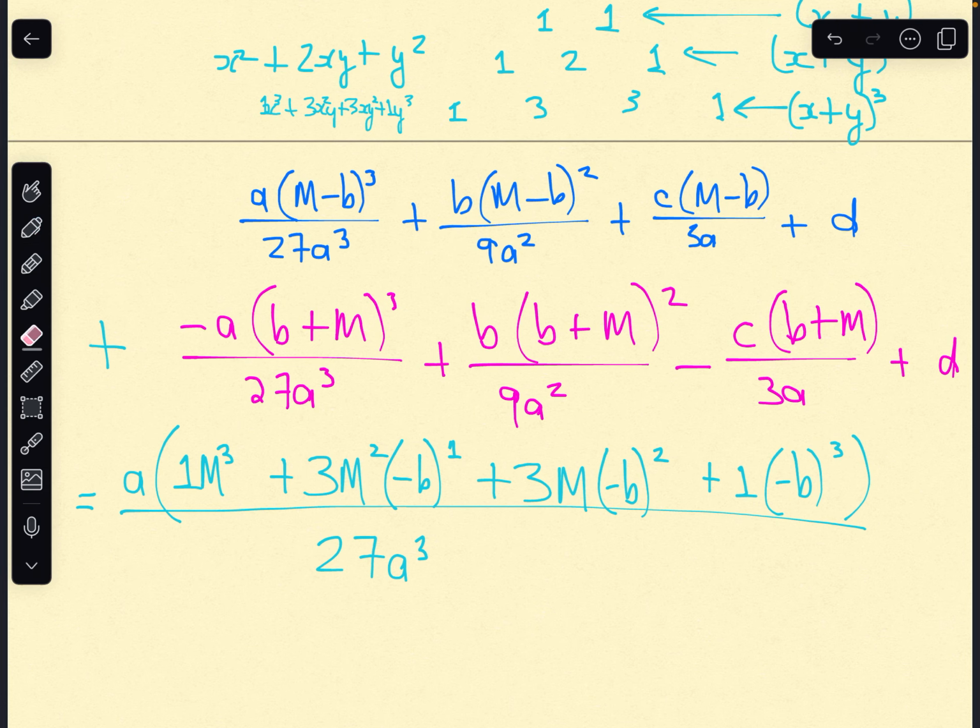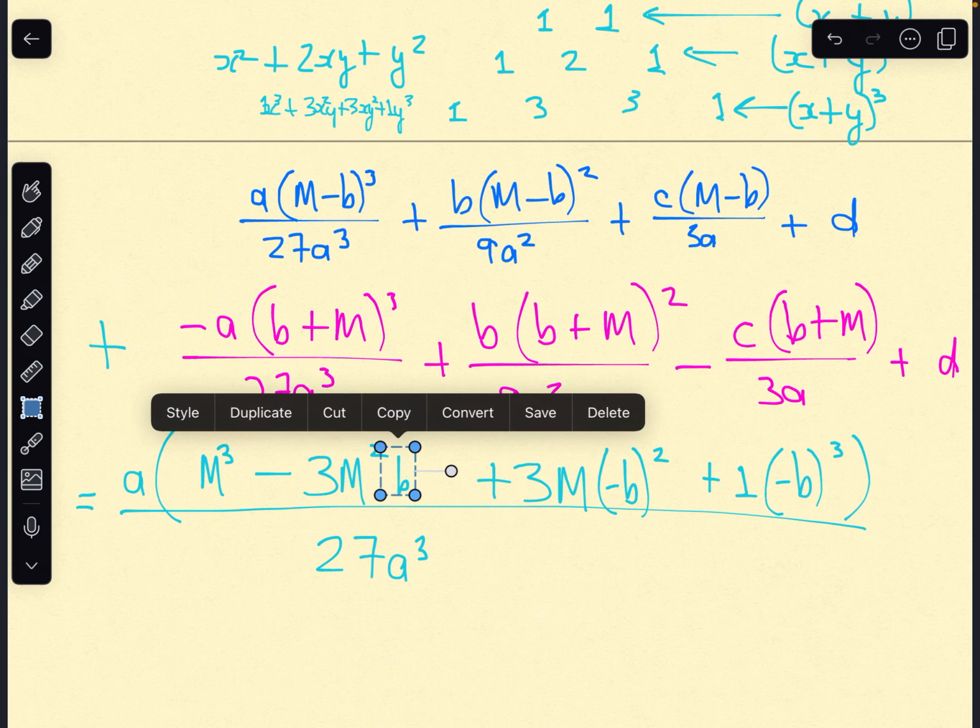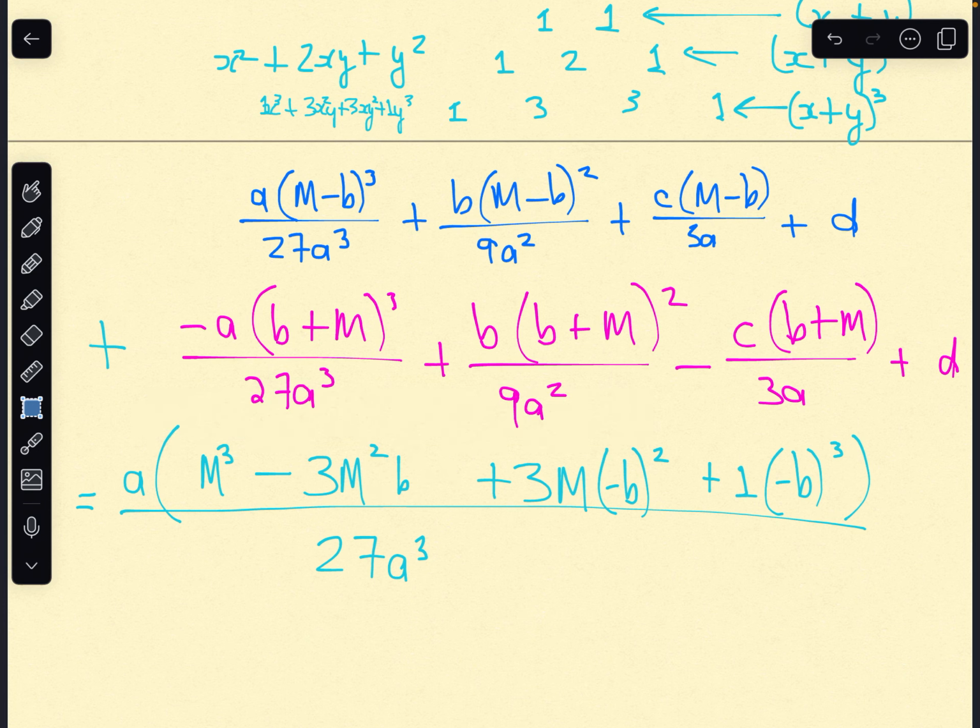So here we can just have m to the 3. Here we have minus b to the 1, so this term is going to become negative. Here we have minus b squared, so this becomes a positive term.